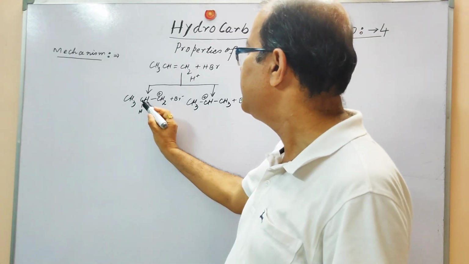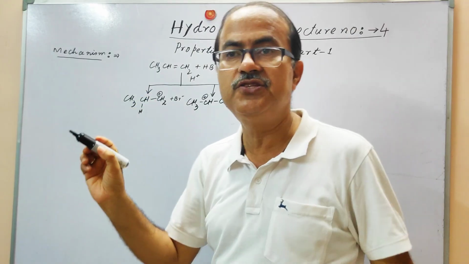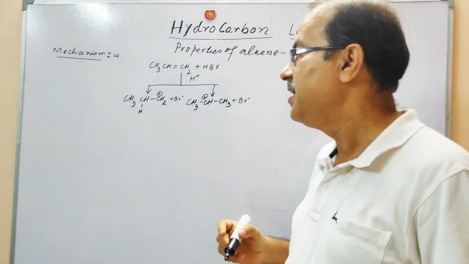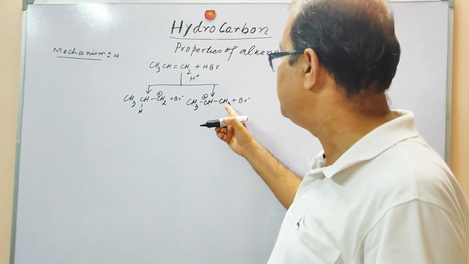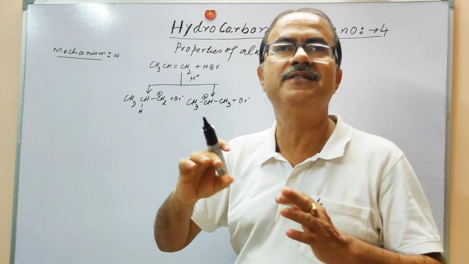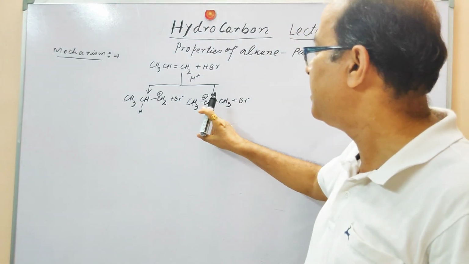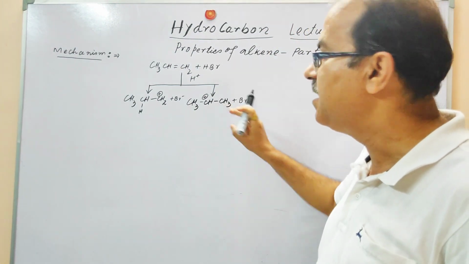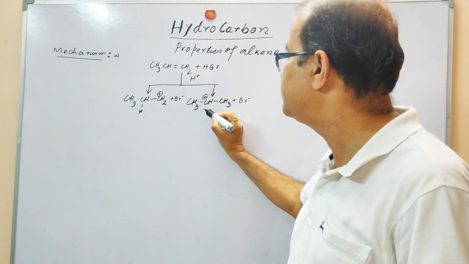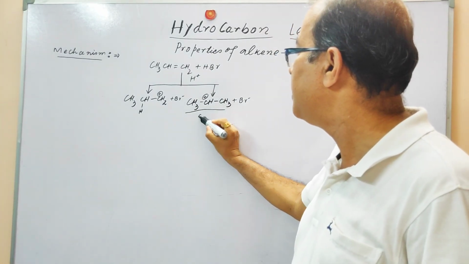So here you can see this is the primary carbocation, and this is a secondary carbocation. And you can understand, due to the plus I effect of the methyl groups, the positive charge is much dispersed. The positive charge is dispersed by the plus I effect of the two methyl groups, and that is why this secondary carbocation is much more stable.